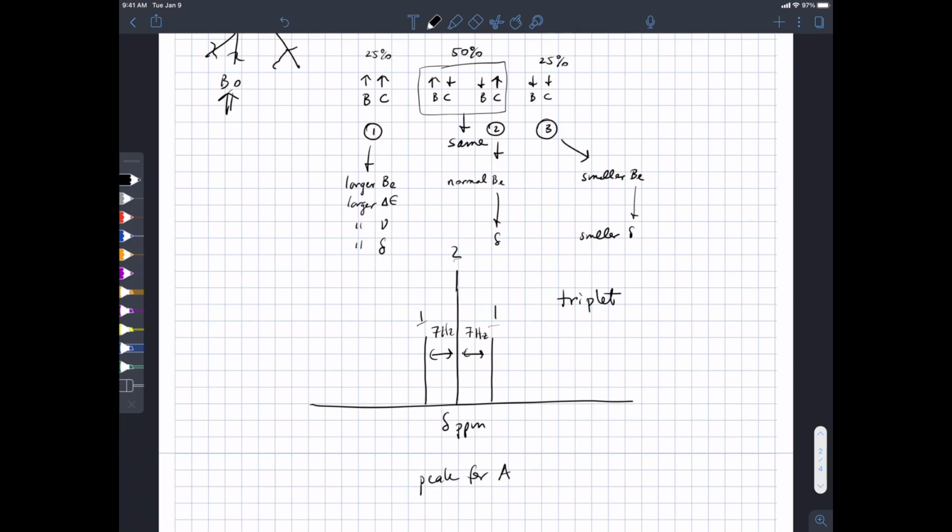That is a hand-wavy answer. The real answer to that question is I'm not sure. But when you observe A, you don't see anything about A's spin, because what you're measuring is the ability of A to spin flip at that frequency. Other questions?